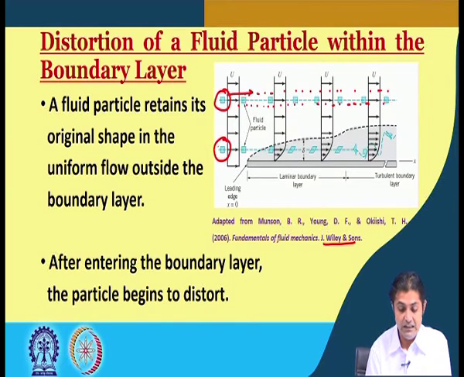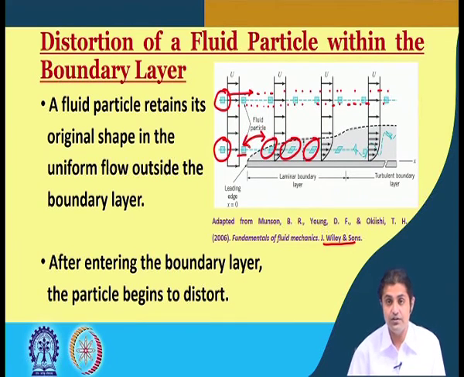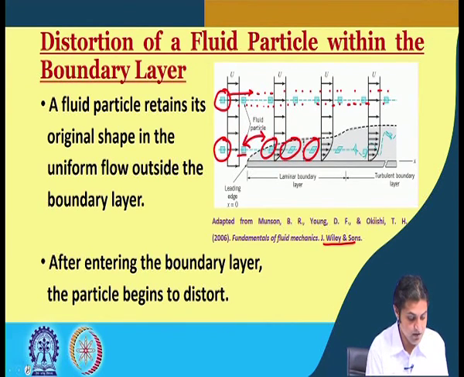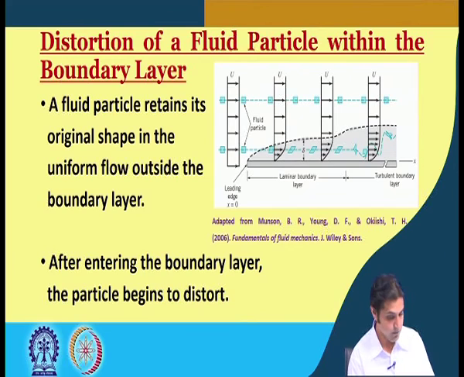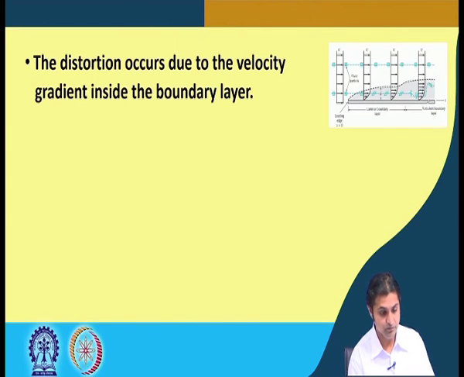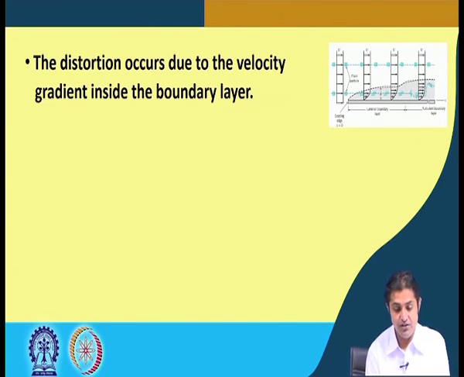However, this particle here, after entering the boundary layer, begins to distort, as you can see. It starts distorting, and when it goes further, it distorts more, depending upon the velocity gradient, but there is definitely a distortion from this point to this point as soon as it enters the boundary layer. So, why does this distortion occur?